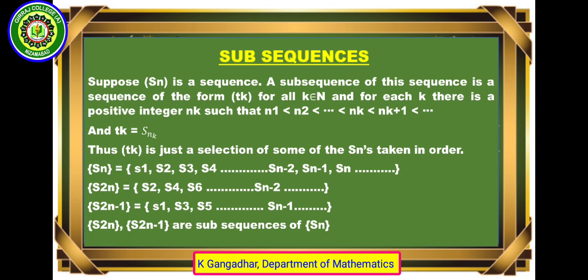A subsequence of this sequence is a sequence of the form Tk for all k belongs to N, and for each k there is a positive integer nk such that n1 < n2 < ... < nk < nk+1 < ..., and we write Tk equal to S_nk. So the elements of Tk are S_n1, S_n2, ..., S_nk, S_nk+1, and so on.